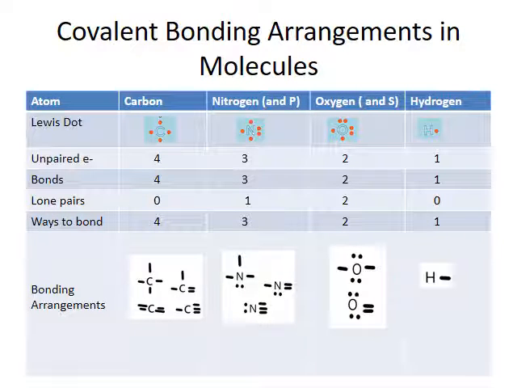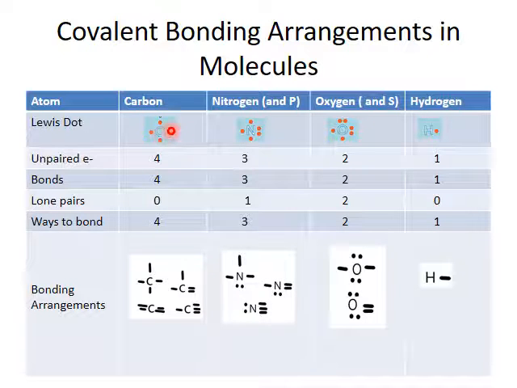All right, so again, what we're interested in is carbon, nitrogen, oxygen, and hydrogen. Here are the Lewis dot structures for each one of them. We won't go over how we figure these out, but one way you can quickly figure them out is to go to the periodic table and see what column they're in. Carbon is found in column 14.